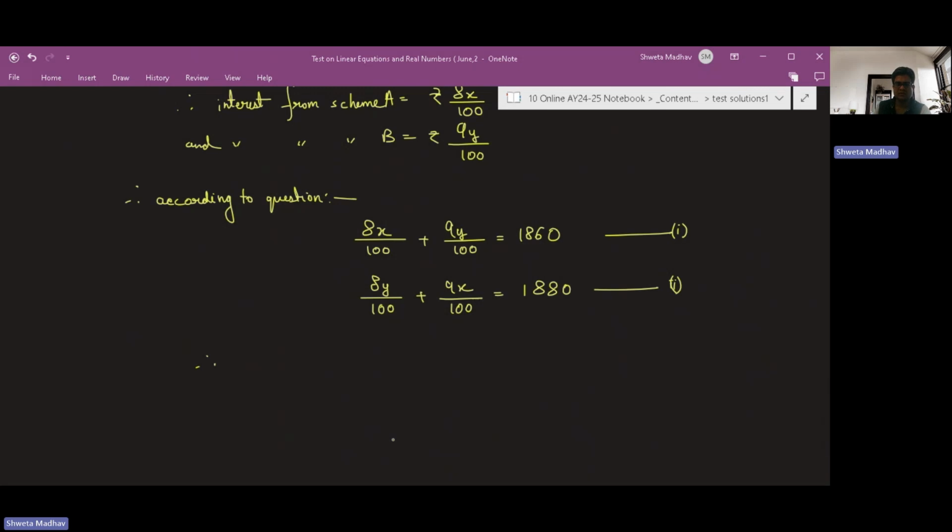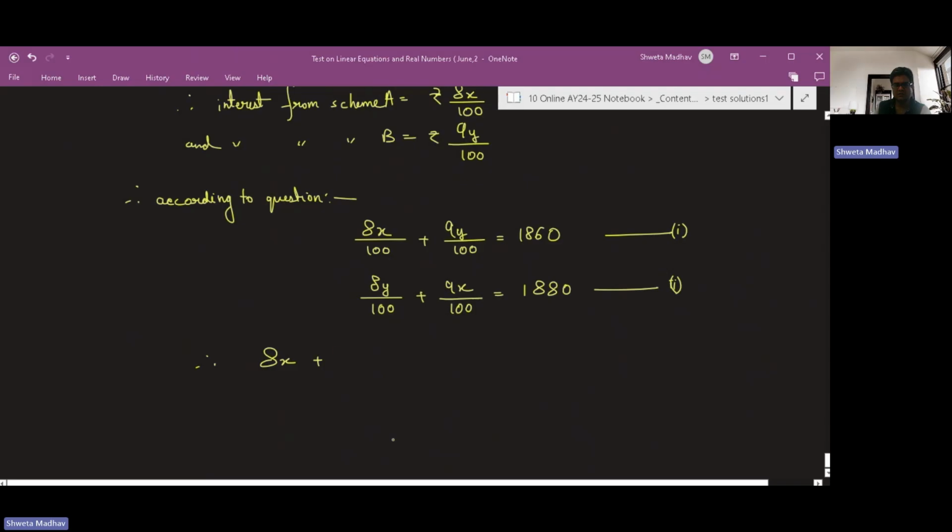So now we can say that 8x plus 9y is equal to 186000, since we can multiply 100 on both sides.